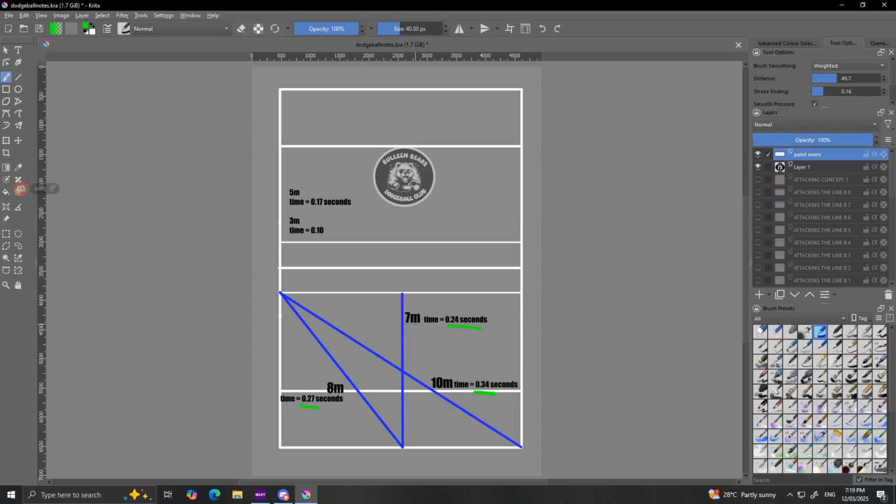So these 7 meters and 8 meters tend to be around about the same, right, in terms of consistency. But in terms of catchability, oftentimes the 8 meter one's kind of harder to catch.